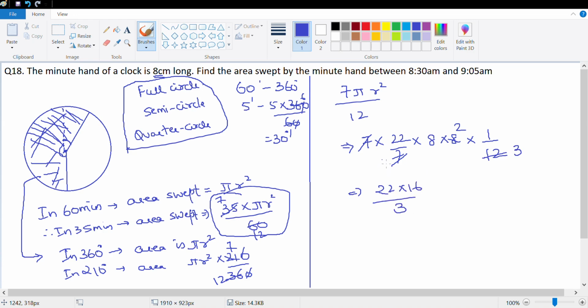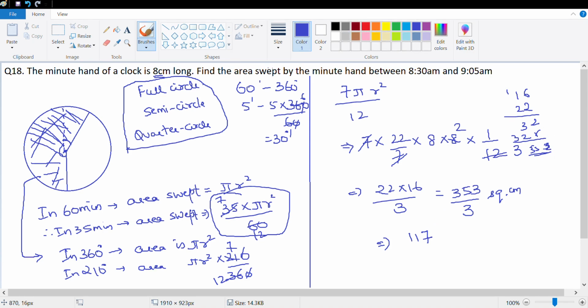We need to do this calculation. 22 into 16, let's just multiply: 6 twos are 12, 2 ones are 2 and 1, 3, this would also be 32, so 352, so this is 352 upon 3, area in square centimeter.